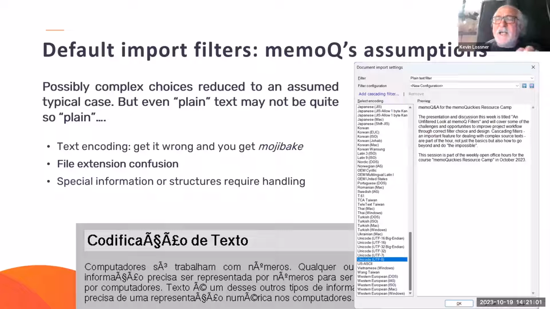But these things tend to persist. They cause a lot of problems with leveraging past translations or even finding things that you might be looking for in a concordance search. So if you understand how to work correctly with import filters and you understand that you need to match the encoding, you can avoid a lot of these problems.